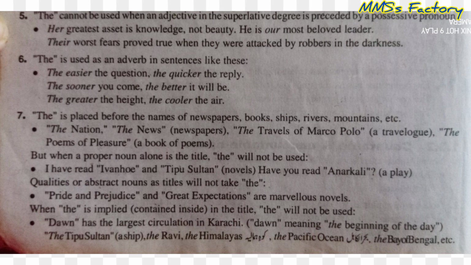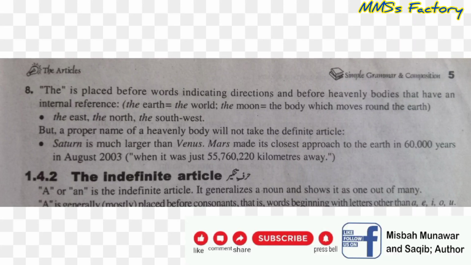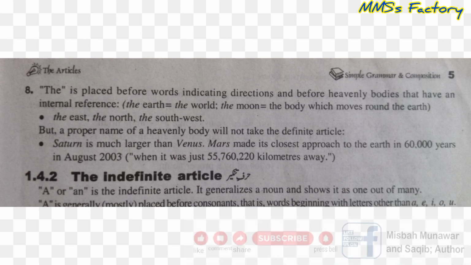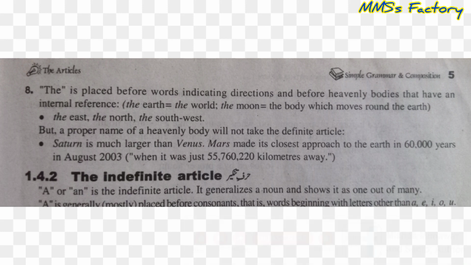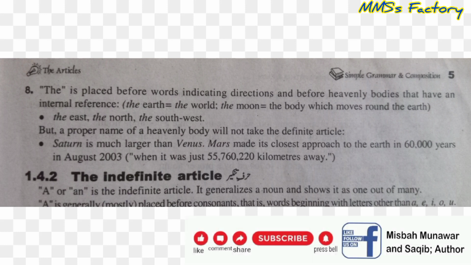The Tipu Sultan, a ship; the Ravi; the Himalayas; the Pacific Ocean; the Bay of Bengal, etc. The is placed before words indicating directions and before heavenly bodies that have an internal reference. The earth, the world, the moon, the body which moves around the earth; the east, the north, the south, the west.